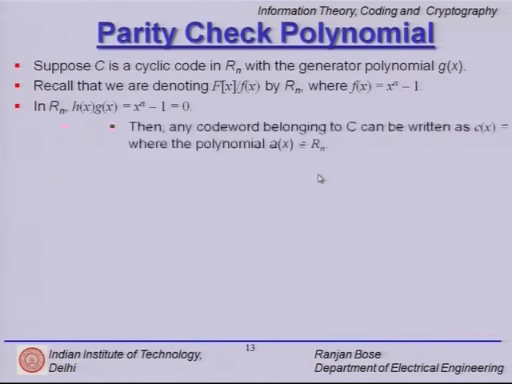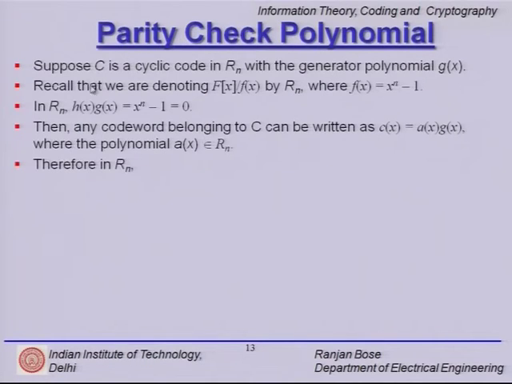So, now what we do is we start off with a cyclic code C in Rn with the generator polynomial g of x, and we are denoting by Rn the set of all possible polynomials divided by this f x, which is the prime polynomial. And here you have h x into g x is equal to x raised to n minus 1, but in Rn, when you take modulo x raised to n minus 1, you get it as 0.